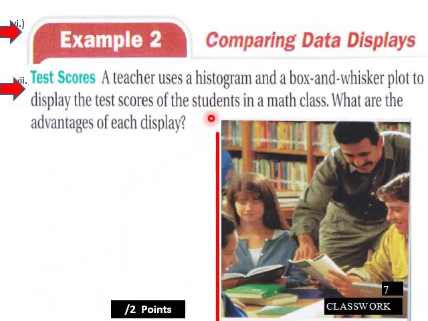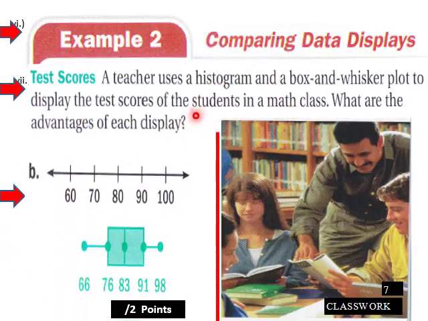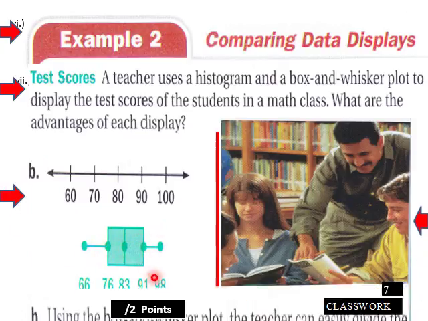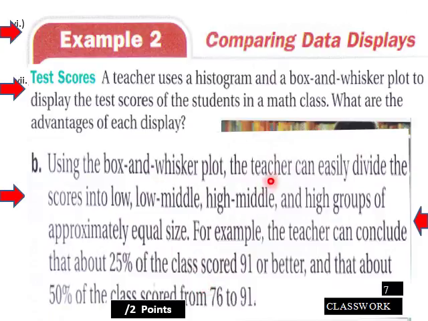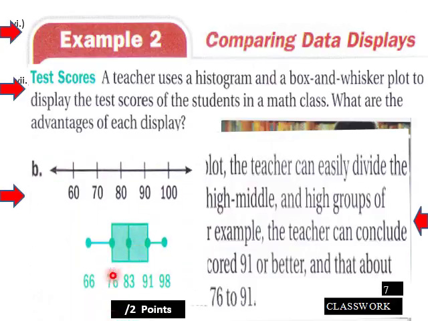And then, what are the advantages of this display here, a box and whisker? It divides scores into low, middle, and high groups of approximately equal size. 25% of the class scored 91 or better. That's good. And about 50% of the class scored from 76. That's really good. So it shows that here.